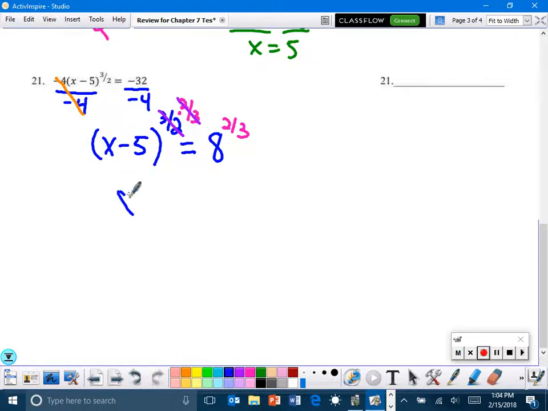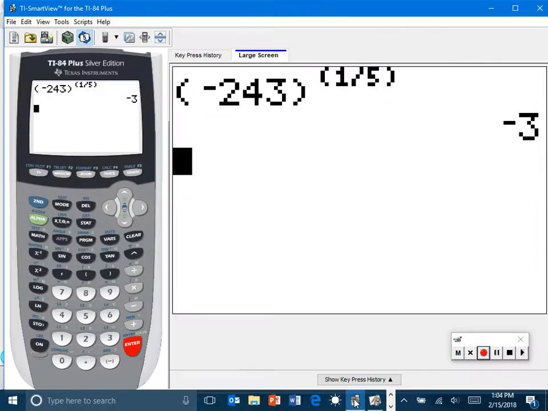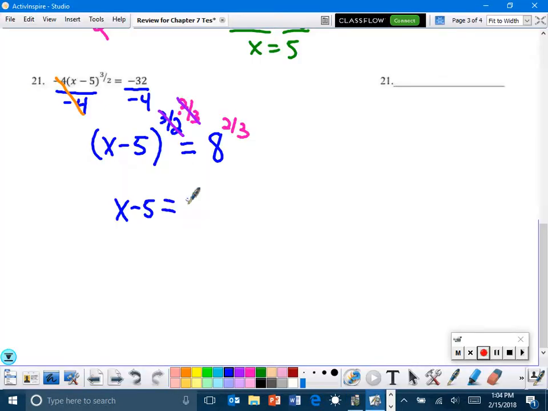And we're left with x minus 5 equals, okay, 8 to the 2/3 power is 4. And again, we do not need a plus or minus because there's only one answer. And we're going to add 5. And so we end up with x equals 9.